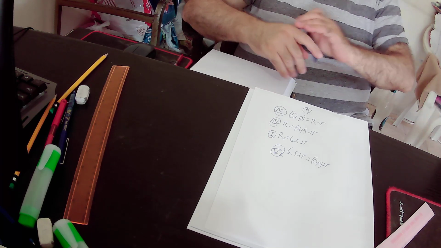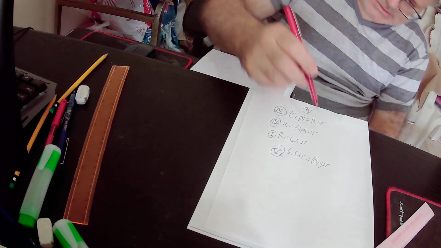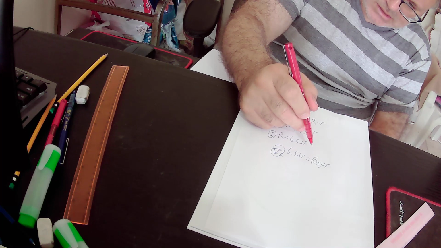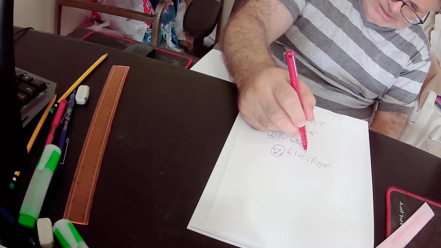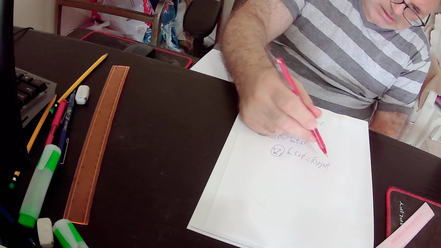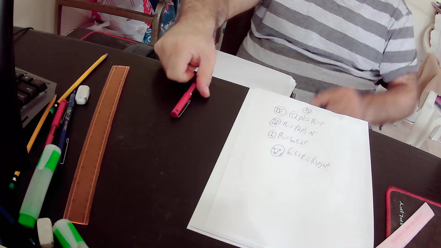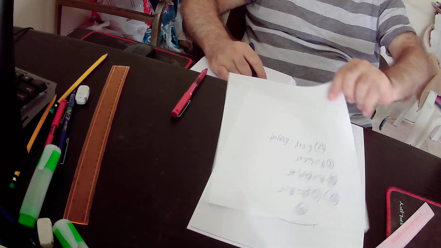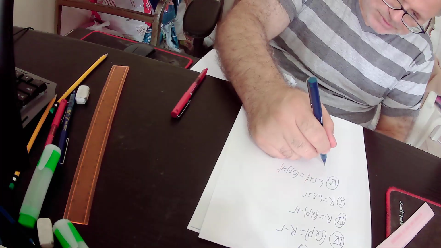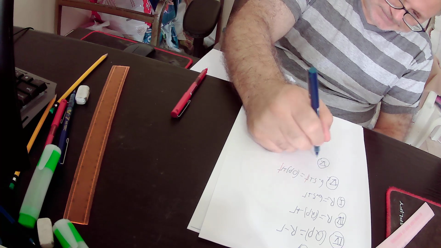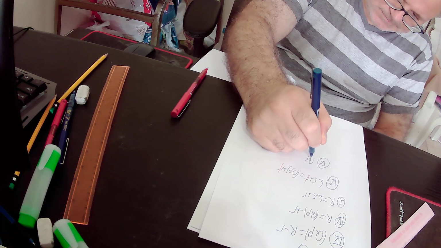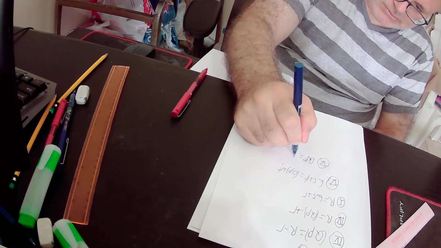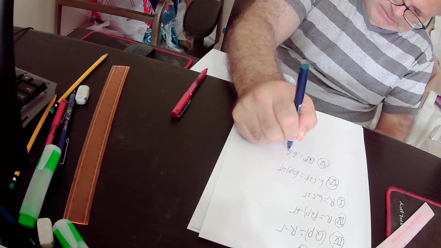Okay, so here we have small r on this side of the equation, and we have small r on the other side of the equation, so we can cancel r. After we cancel r, we will get that QP equals 6.5 units.